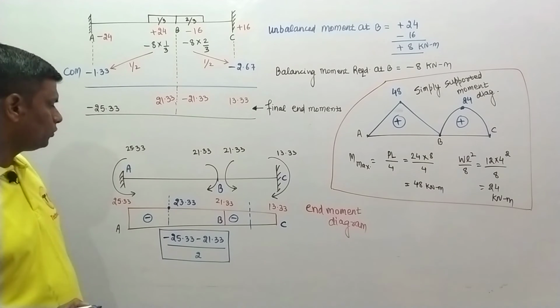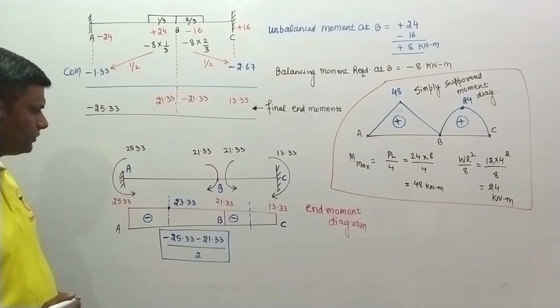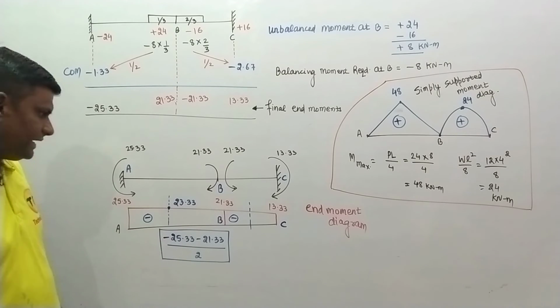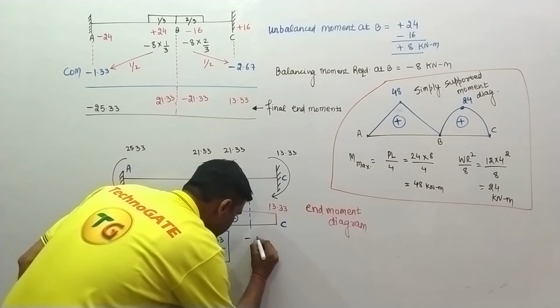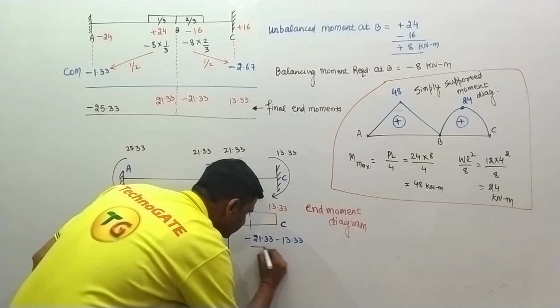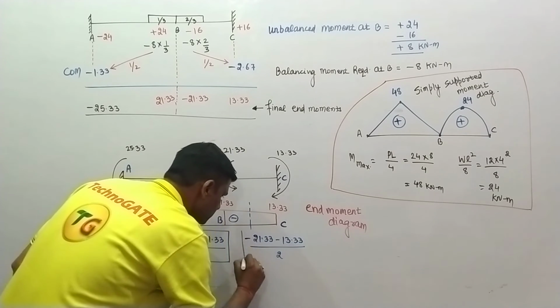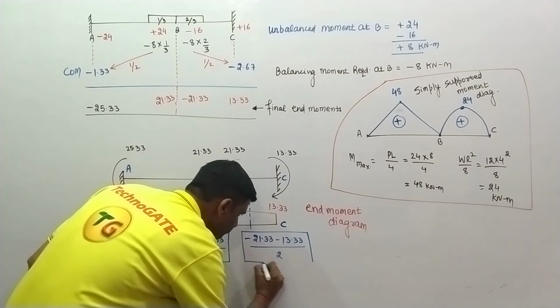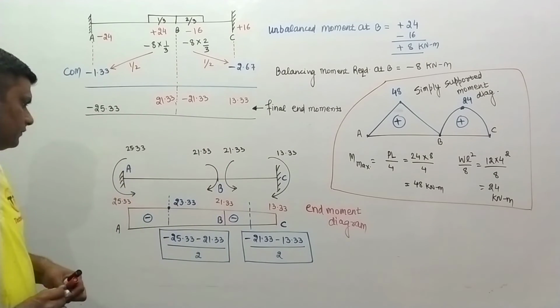Okay, so here at the center the value is the average of 21.33 and 13.33, that is, 21.33 plus 13.33 whole divided by 2. So the average of these two values is there.